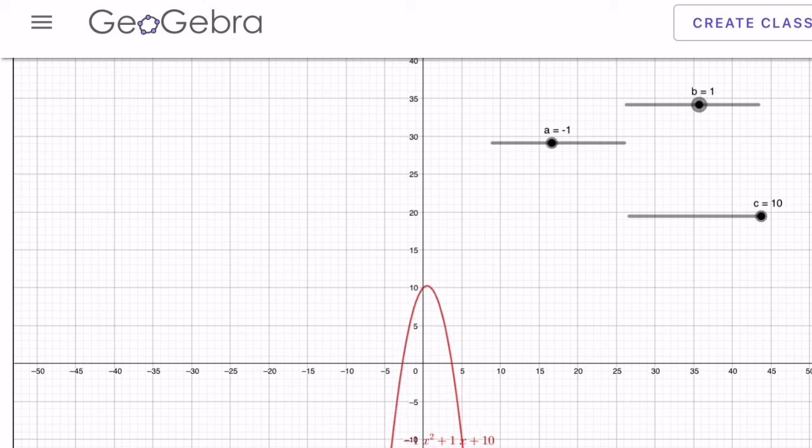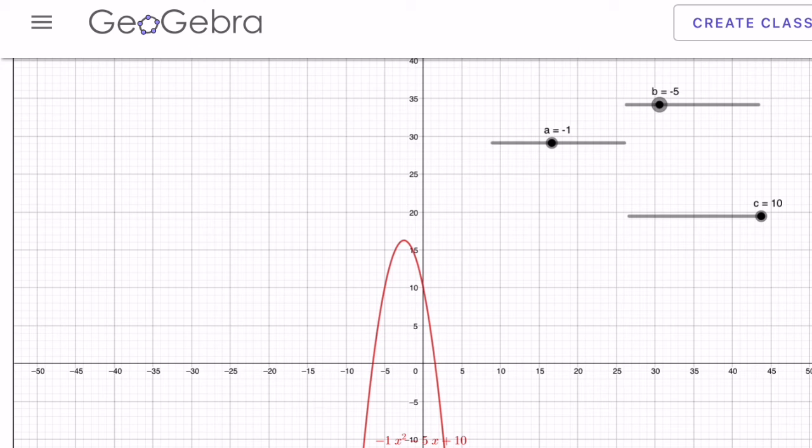When B is less than 0, the vertex is on the left side. Now B is negative 5, right? When B is less than 0, the vertex is on which side of the y-axis?